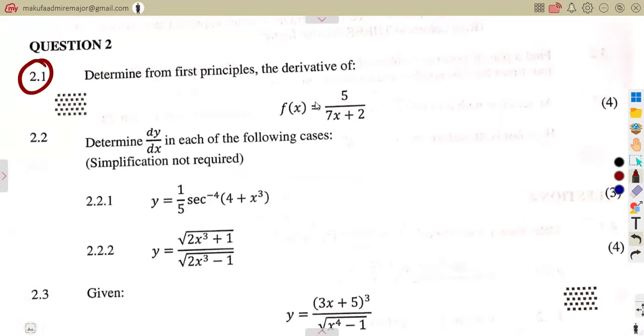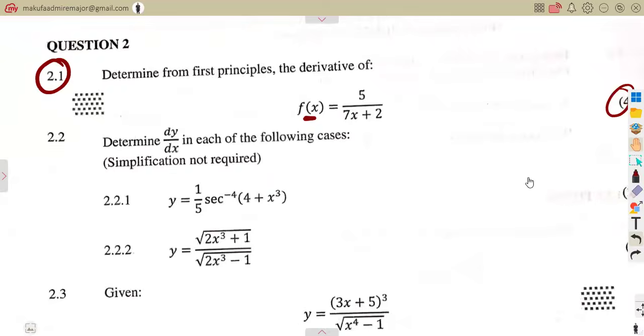2.1, determine from first principles f of x is equal to this, and that was 4 marks. Okay, from first principles. As we do understand, fractions of this nature are actually easier to work with. It's just a matter of your substitution there. So you're given f of x is equal to 5 over 7x plus 2.